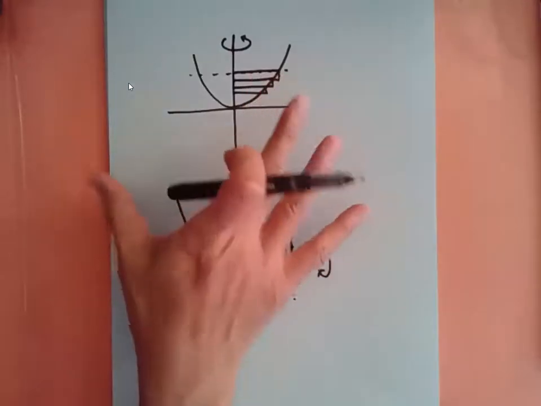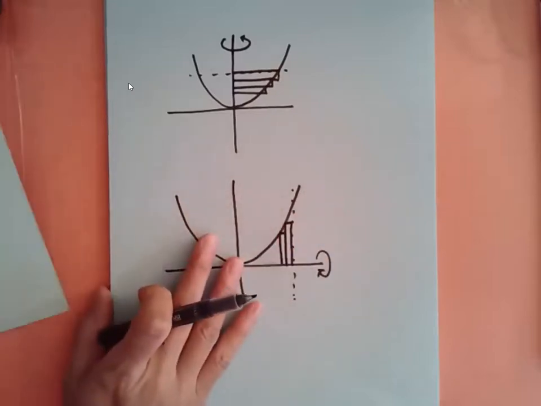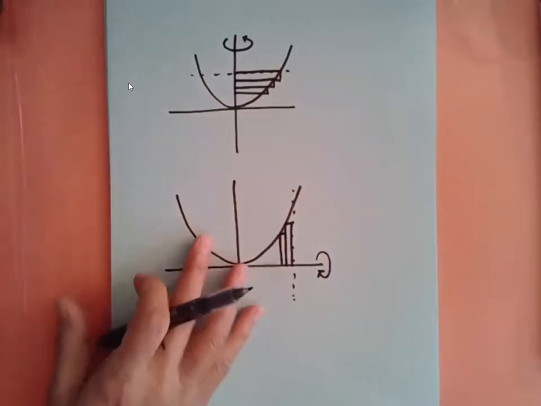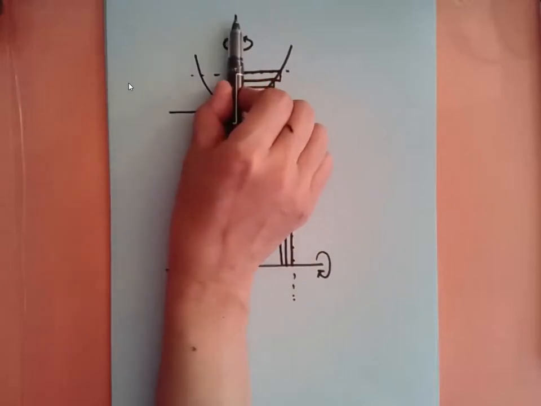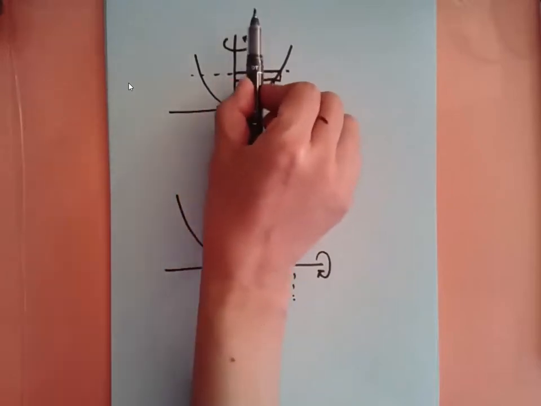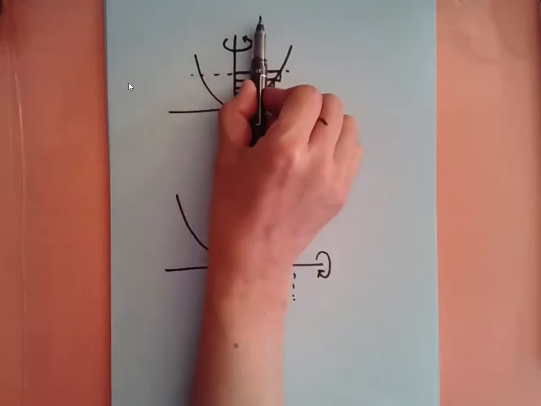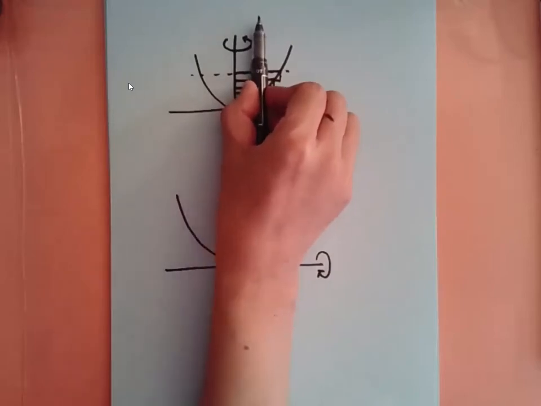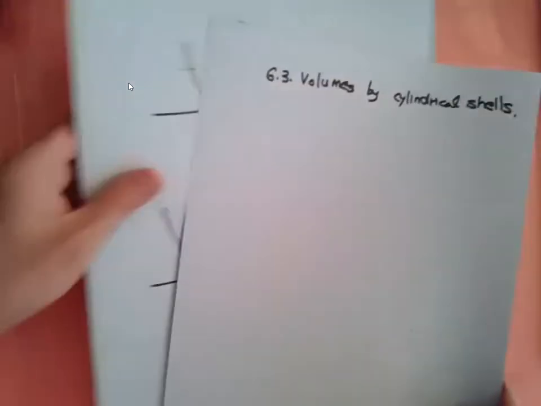Different from the disk method, when we think about the cylindrical shell method, when we know the rotational axis, we rotate the sticks which are parallel to the rotational axis around that axis. Let me explain.